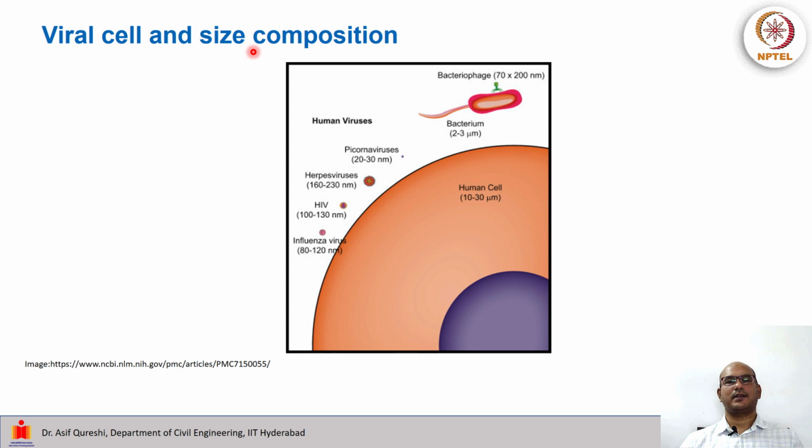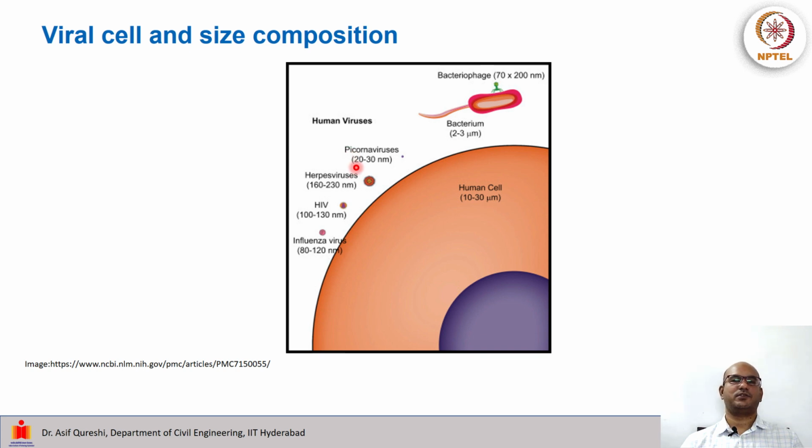We can have a comparison here. So we have the human cell here at 10 to 30 micrometers, bacterium 2 to 3 micrometers. We have picornavirus, which is 20 to 30 nanometers, and herpes virus 160 to 230 nanometers, basically 0.16 to 0.23 micrometers.